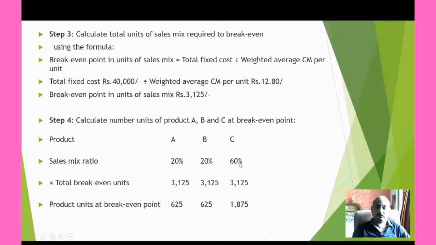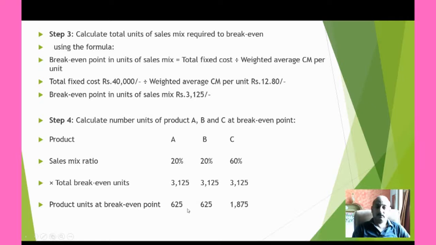After getting this, step 5 is to calculate break even point in rupees. If we want to calculate it in rupees, we have the break even units: for product A 625, for product B 625, and for product C 1875.